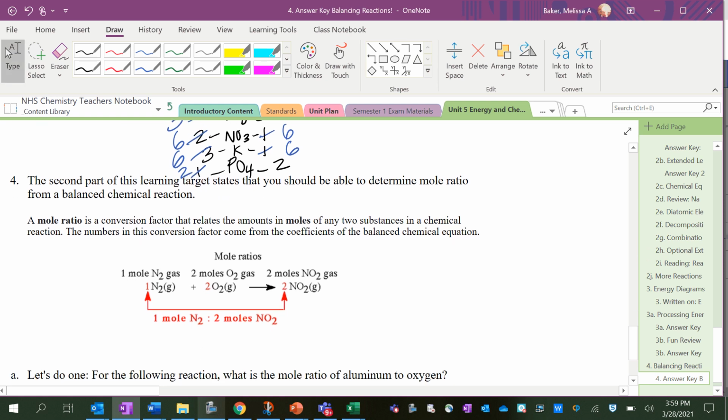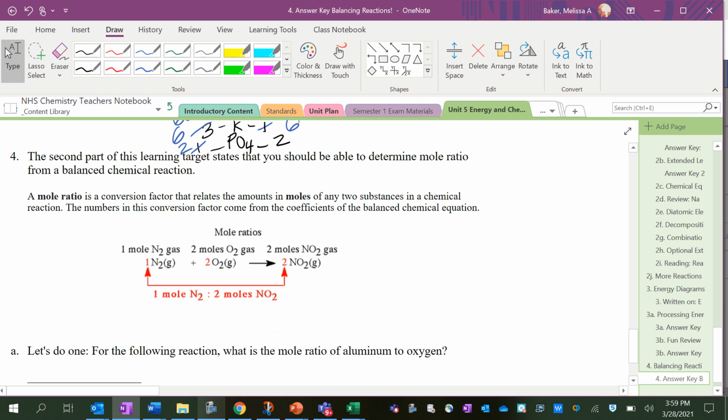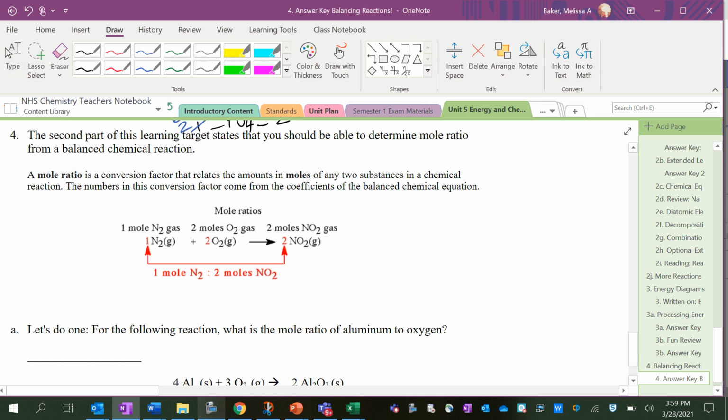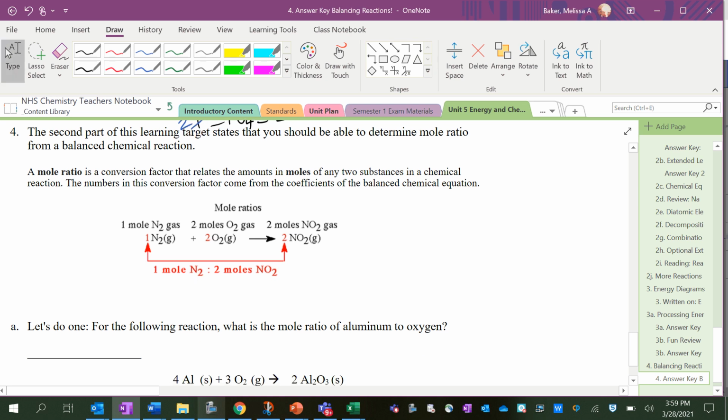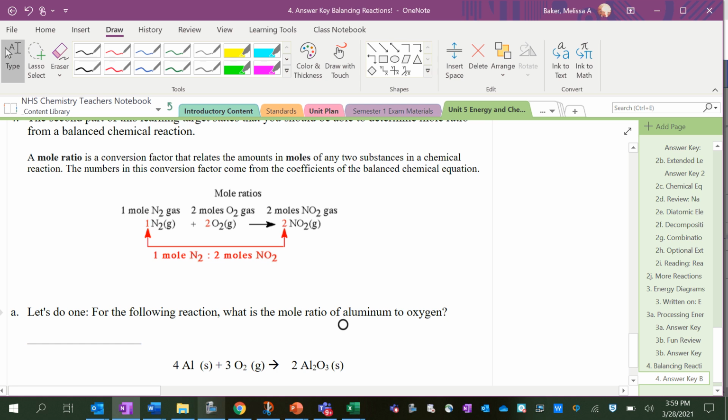The second part of the learning target states that you should be able to determine mole ratio from a balanced equation. The mole ratio is a conversion factor that relates the amounts of moles of any two substances in a chemical reaction. The numbers in this conversion factor come from the coefficients of the balanced chemical reaction.